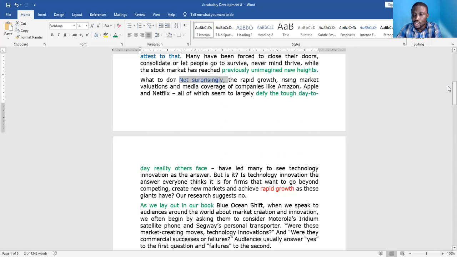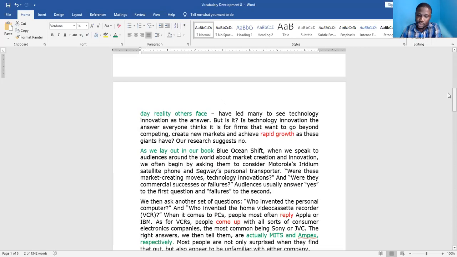Our research suggests no. Okay, this will be the last paragraph I will read, so we'll go quickly into the task. Okay, as we lay out in our book, this is another transition, and I love the expression. As indicated, you are trying to cite an example; instead of saying for example, as stated in our book, or as we lay out in our book, we speak to audiences around the world about market competition and innovation.